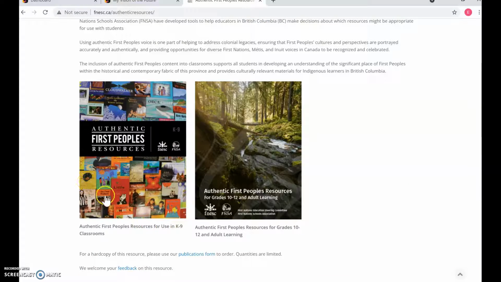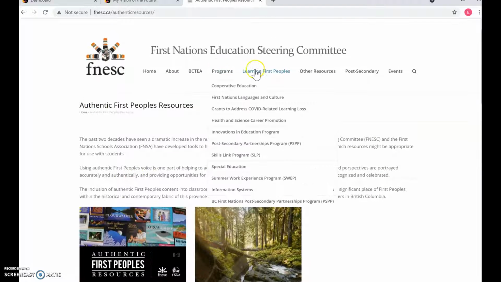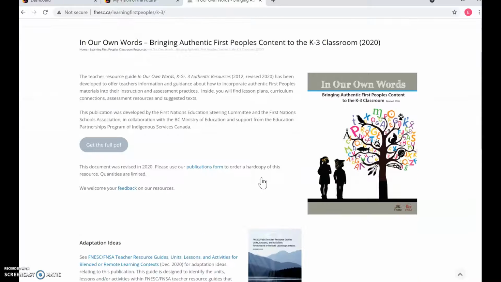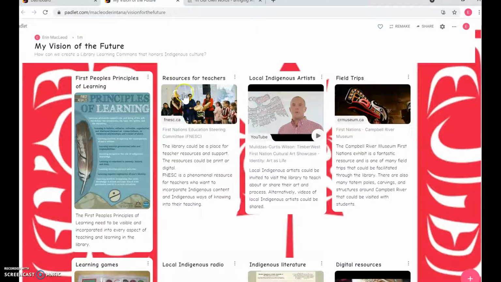You can access this PDF on the website and it tells you a massive amount of literature that is authentic. There are also other PDFs full of unit plans and lesson plans for many grades, for incorporating authentic First Peoples content into the classroom. It's a fantastic resource and starting point, I think, for any teacher.